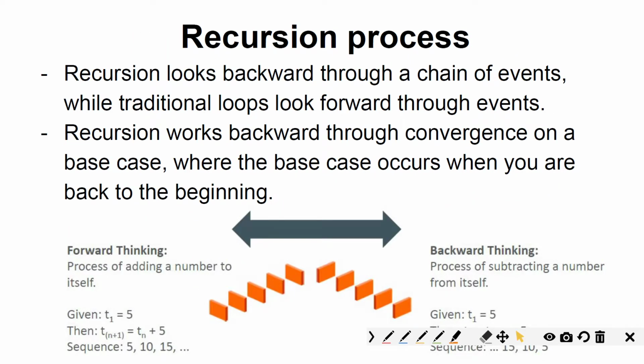And the recursion process, when you have 2 different ways of thinking, like recursion looks backward through the chain of events, traditional loops look forward through the events.